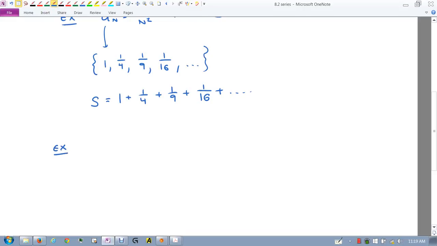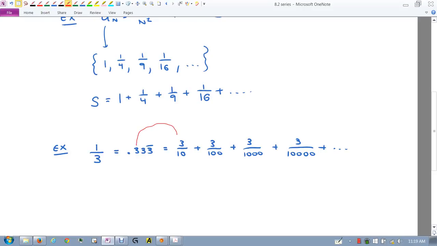An example of that would be, let's just take 1/3. Does everyone agree 1/3 is a finite number? Okay. Does everyone agree that 1/3 is 0.333 forever? Does everyone agree that 0.33 forever is 3/10 plus 3/100 plus 3/1000 plus 3/10,000 plus, and then keep doing that? Because the first decimal here, 0.3, is 3/10.